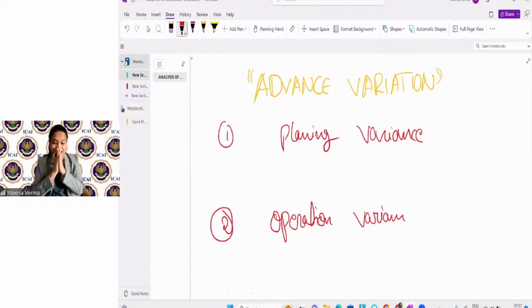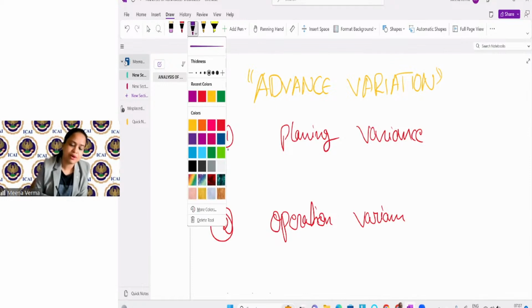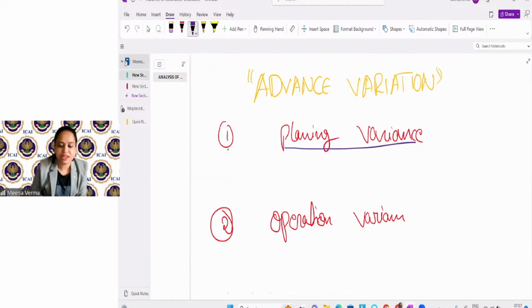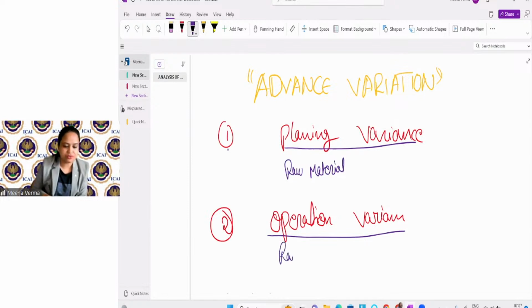Now, the point is that we will calculate this planning variation and operational variation for everything. Everything ka matlab, we will find planning and operational variance for the raw material. Then we will find these variations for labor.